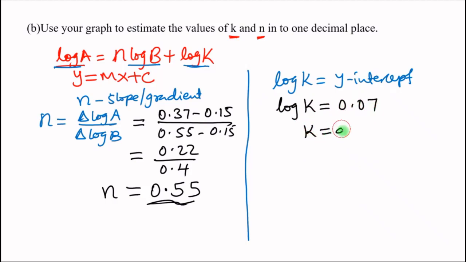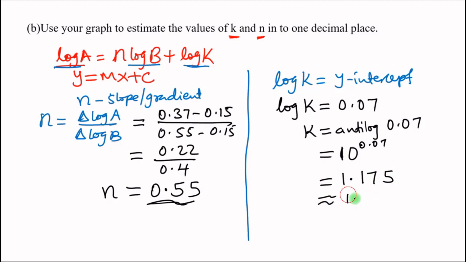Therefore, k will be the anti-logarithm of 0.07, which is also the same as 10 raised to 0.07. So we shall end up getting 1.175, which is approximately 1.2. Therefore, n is 0.55 and k is 1.2.